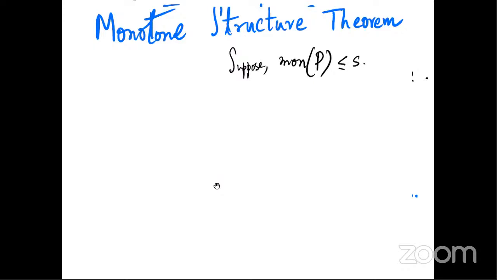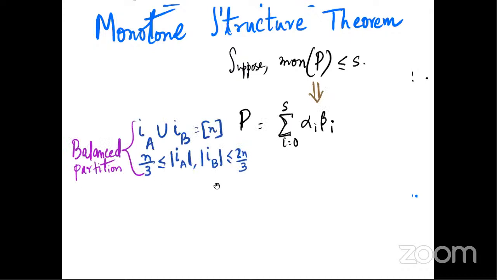Okay, and on the other hand, I want to prove a monotone lower bound, and all monotone lower bounds are proven in the following way. There's something called a structure theorem, which says that if I have a monotone circuit that computes my polynomial in size S, then this polynomial can be decomposed into a sum of product polynomials. These product polynomials, alpha I and beta I, are simple set multilinear polynomials whose product you're taking.